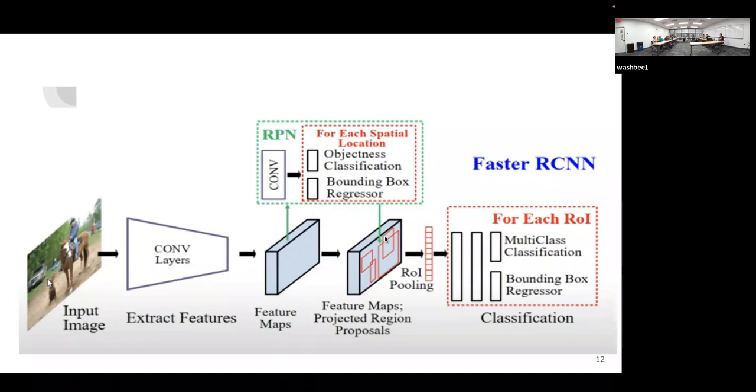RPN has its own loss, separate from the rest? I don't think so, no. It confuses me. When they say for each spatial location, by the way, they just mean for each spatial location of the feature map.